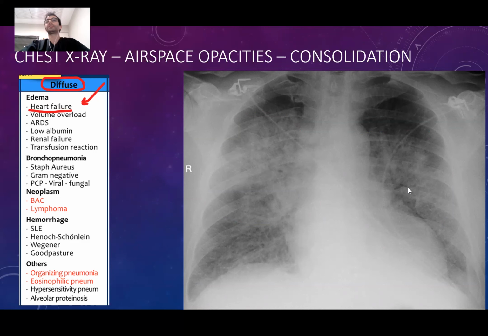So the heart failure starts from the center as a consolidation, and it will go towards the periphery. Also, because of the pulmonary edema, which is happening at the same time, I will start to see some linear densities, line-like densities, close to the peripheral area, like this. Okay.